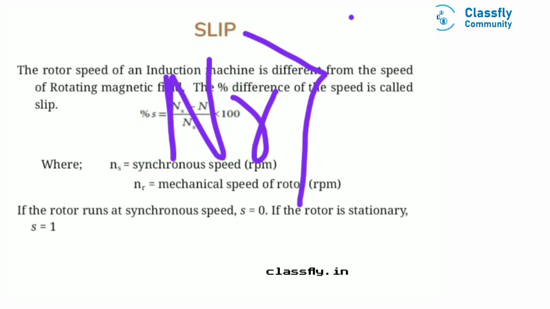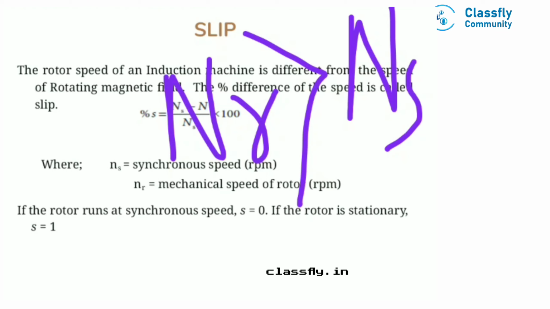That is violating our assumption that our nr needs to be less than ns, but it is becoming greater than ns. That means it will start generating action, it will start behaving like a generator. So we don't want that. That's why the slip can be negative, but it will act as a generator instead of a motor.